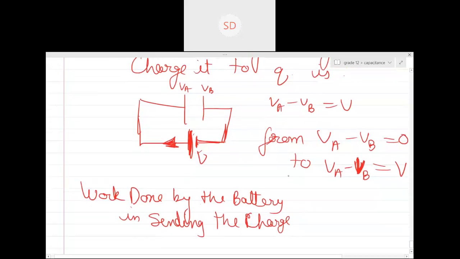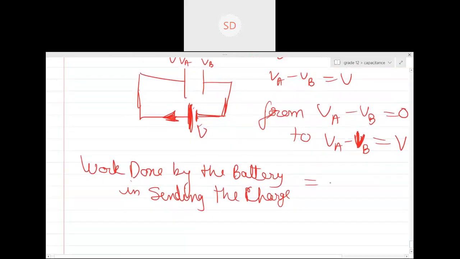Okay, guys? This will be equal to Q into V, since the potential difference across the battery was not changing. And what was the total charge which was sent? The total charge was Q, right? Then this will be plus Q. Are you getting my point, guys?